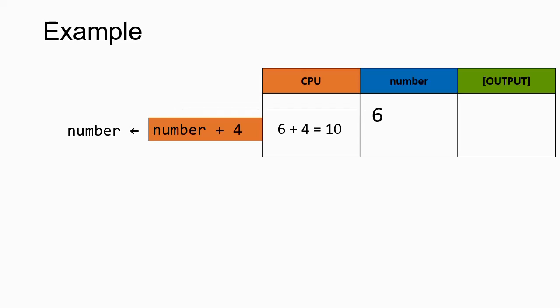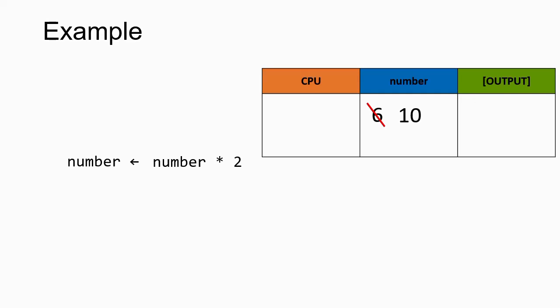The second part is we need to take that answer, 10, and store it in the number variable. We can't store two different numbers in the same variable, so the number 6 will be overwritten. It won't exist in the number variable anymore, but 10 will be. Once we've done those two steps, that line of code is complete.